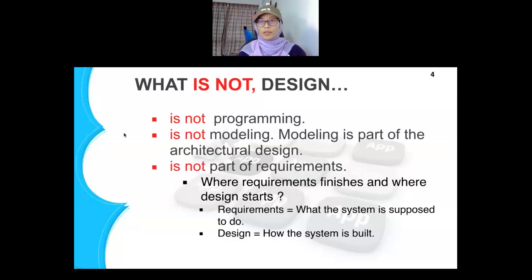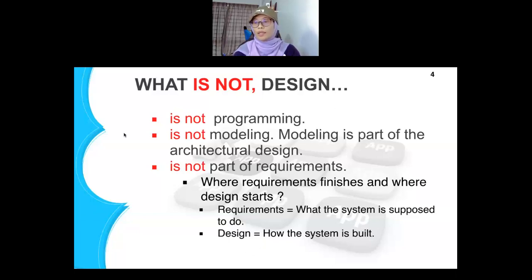What is not design? Design is not programming, and design is not modeling, but modeling is part of the architecture design. It's not part of requirements either; that is where requirements finish and design starts.